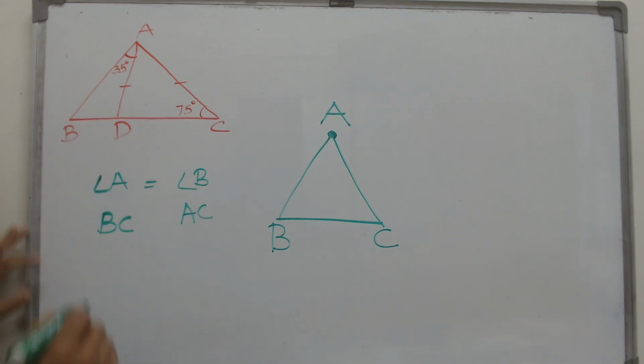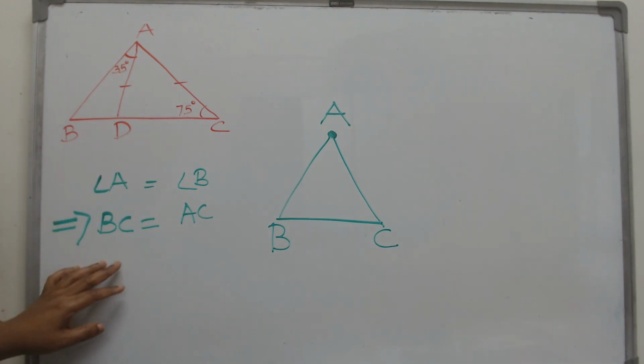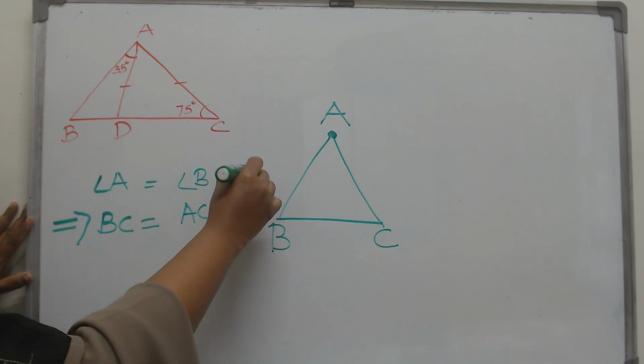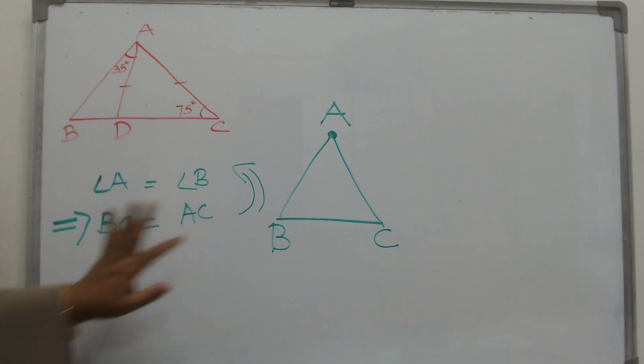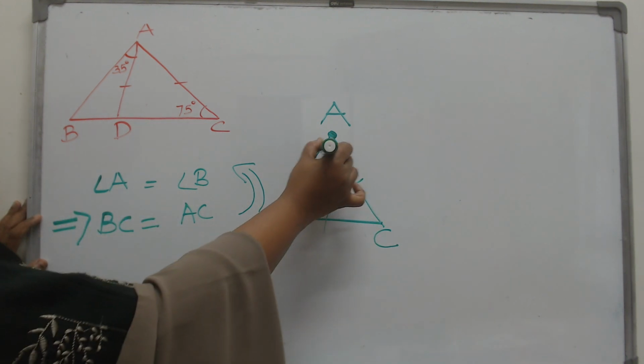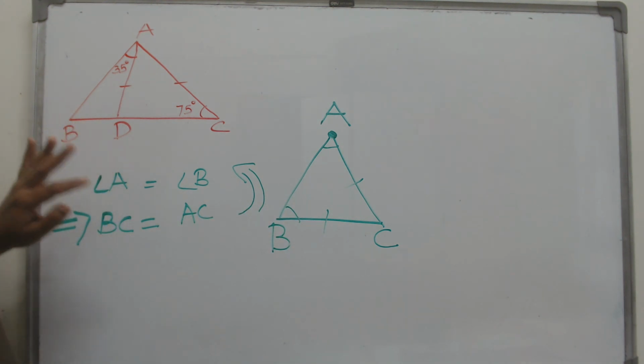How are they related? They will also be equal, and remember, it works the other way also. If two sides are the same, suppose BC and AC are the same, then that would mean angle A and angle B are the same. Both of these results work both ways.